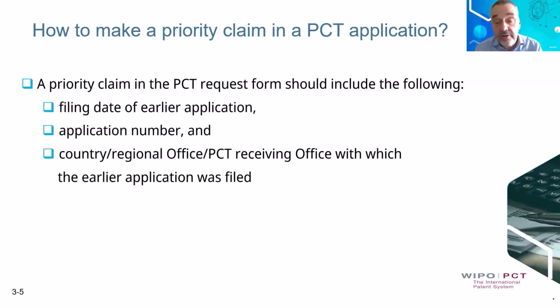If you have multiple priority claims, the priority date becomes the earliest of those filings, of those earlier national applications or regional applications that you filed and of which you claim priority in the PCT. If you do not have a priority claim, which of course is also possible, that's usually referred to as PCT as a first filing. In that case, the international filing date will be your priority date and serve as a basis to calculate all the time limits based on the priority date.